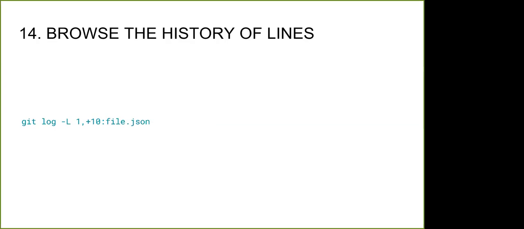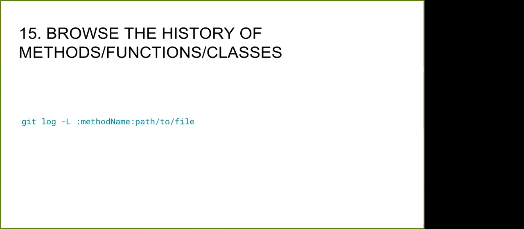I say git log -L, which speaks about lines, first line, plus 10 lines, and export this to a file. Okay. Browse the history of methods, functions, and classes. You say git log -L, method name, and path to the file.